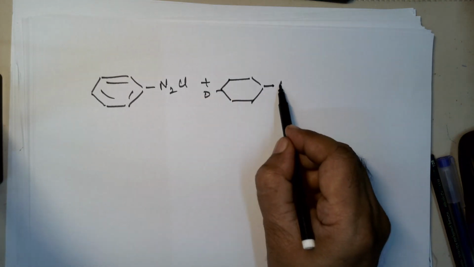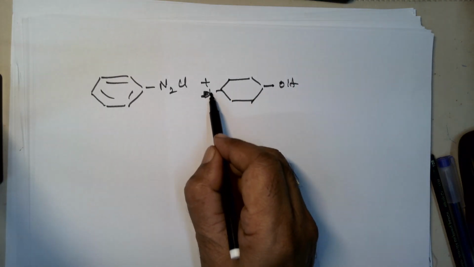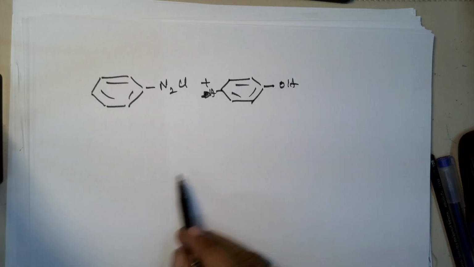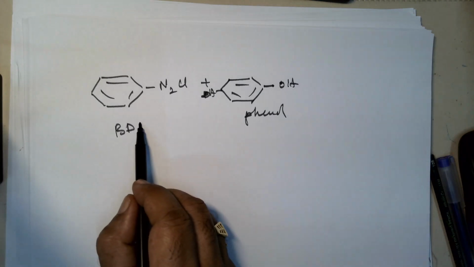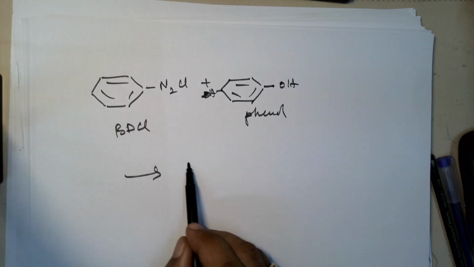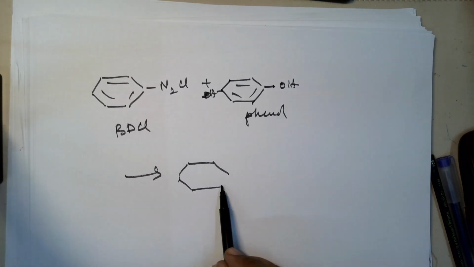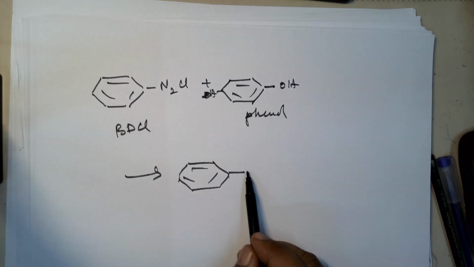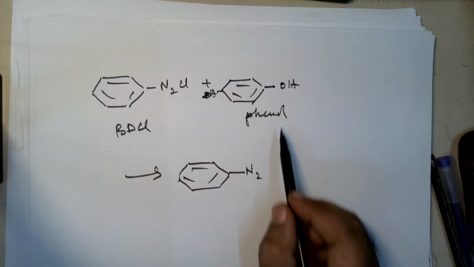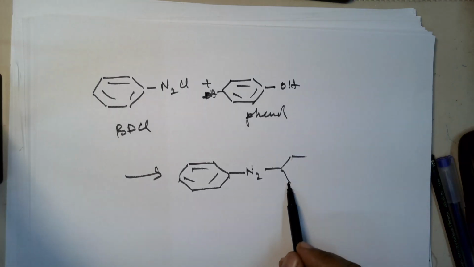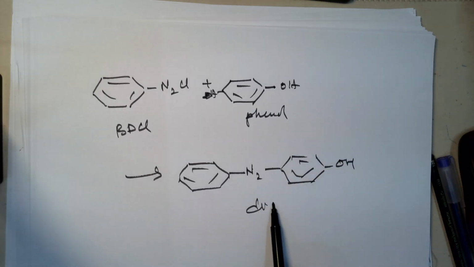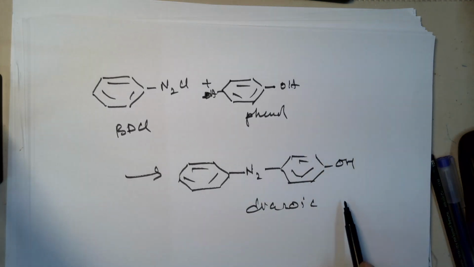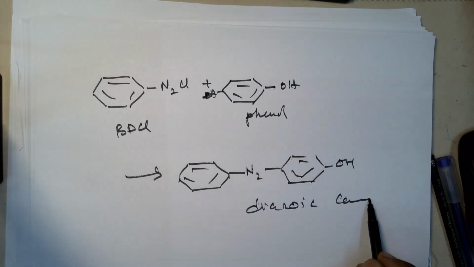Here you have phenol with OH, and this is benzene diazonium chloride. So you get a diazo coupling reaction. N2 and Cl are removed, so that you get a compound like this. This is called a diazo compound, the azo colors. By changing the substitution, you will get different colors also.